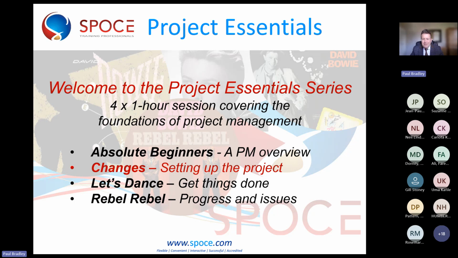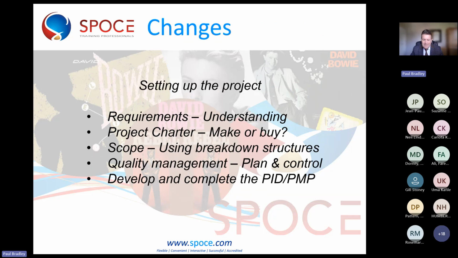And what we're going to be covering over the next 45 minutes or so, we're going to be looking at requirements and understanding how we establish requirements, where they come from. We're going to be looking at getting off to a good start in the project through the project charter, establishing the background and reasons for undertaking the project and so on.